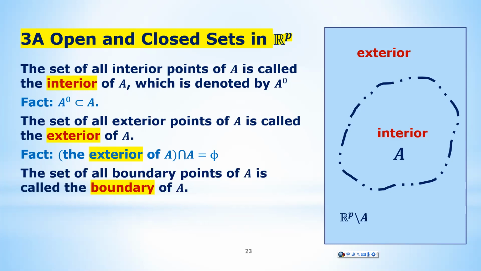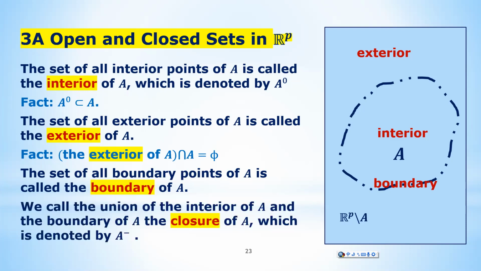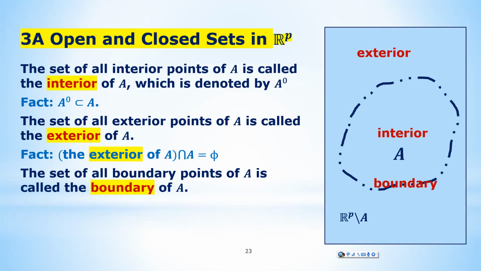Then we can call the set of all the boundary points of A together the boundary of A. Unfortunately, we don't have a notation for the boundary of A, but there's a definition for that. So given a set A, based on these three different kinds of points, it actually divides the entire space into three different parts.